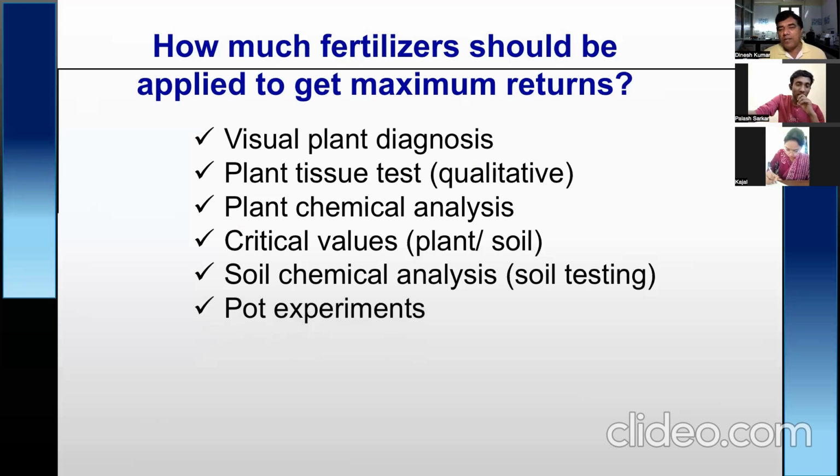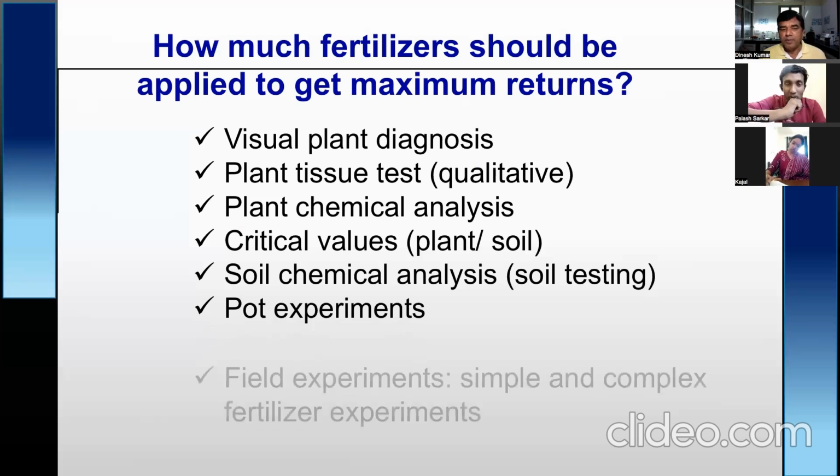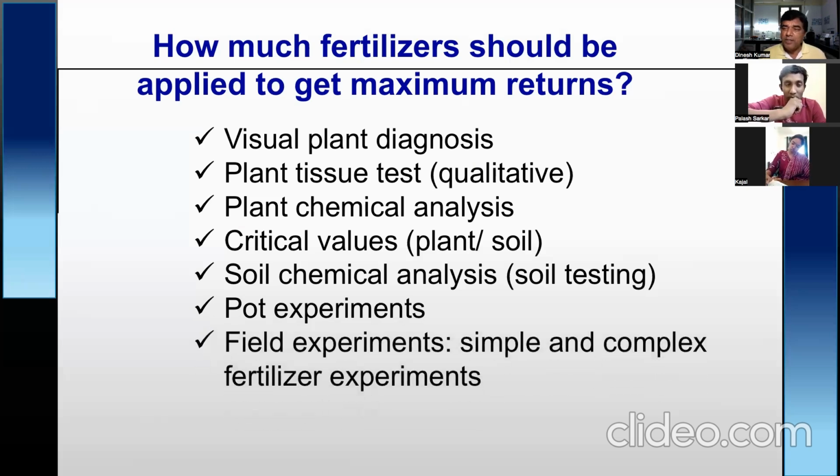So then what can be done? We can go for conducting pot experiment, or we can go for conducting field experiment. So field experiment is the final solution. I will tell you how it is the best way to give recommendations for nutrients.